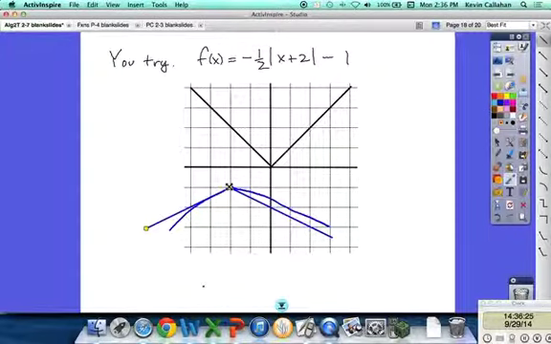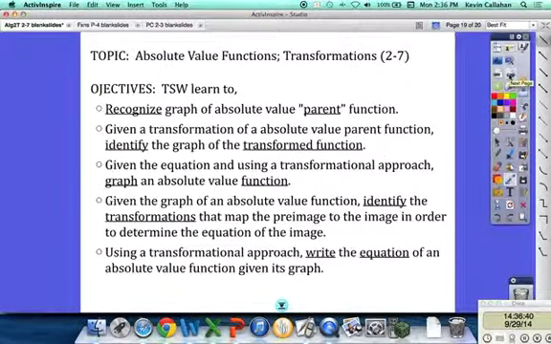Okay. So those are all the transformations that you can do, right? All of them. For the most part, they get a little more complicated with some of the trig functions, but for the most part, they work like this for all the functions. So by now, we should recognize what we mean by a parent function.